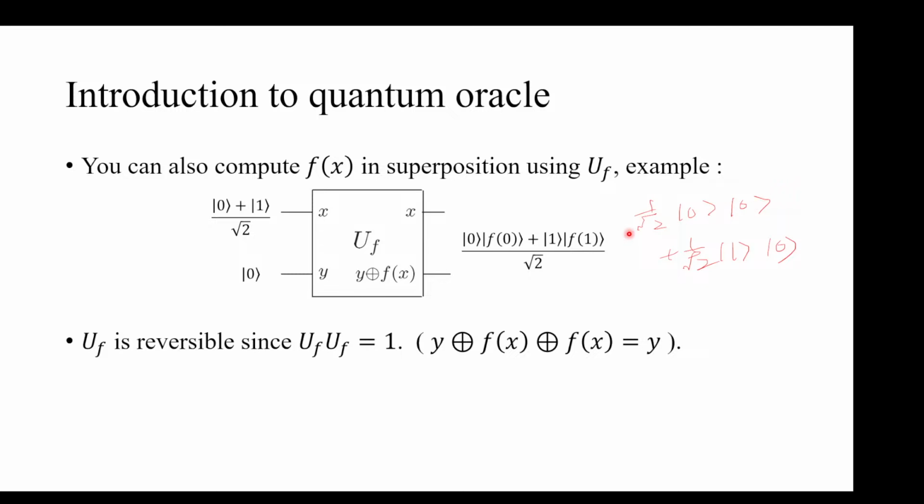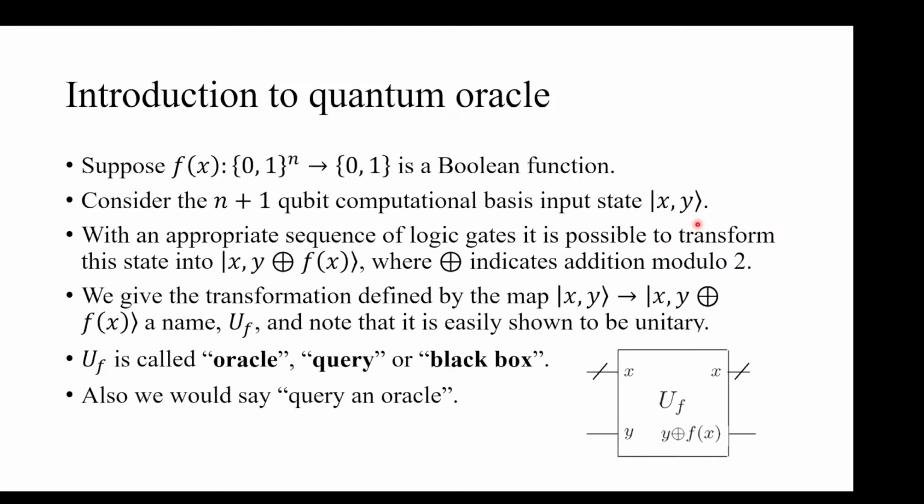This is a computational basis state, and we know what U_f does on a computational basis state. x is 0, so you will add f of 0 on y, and y was 0, so this is just f of 0. So this 0 0 part becomes 0 f of 0, and this 1 0 part becomes 1 f of 1. And this is what we mean by the quantum oracle computing things in quantum parallelism, or in superposition.